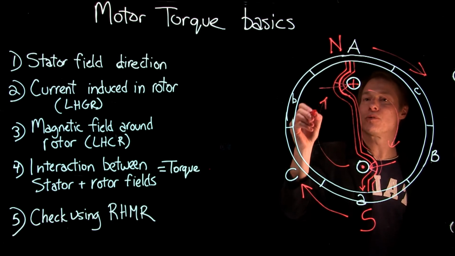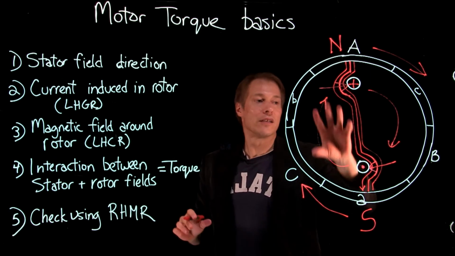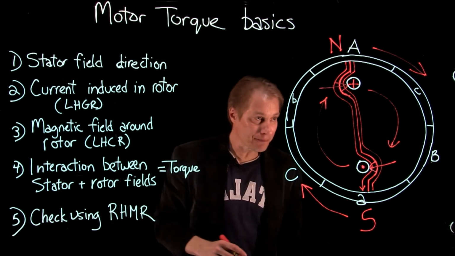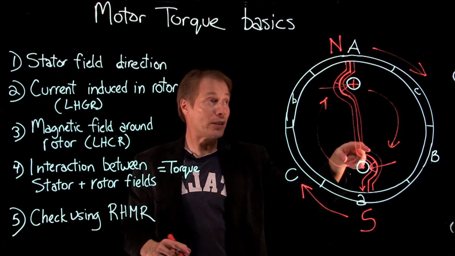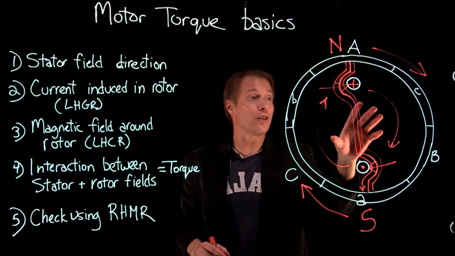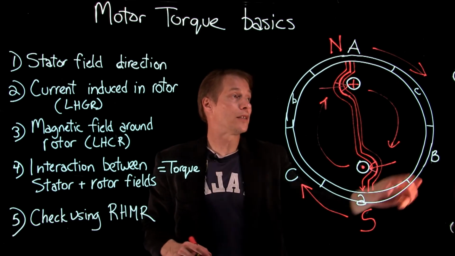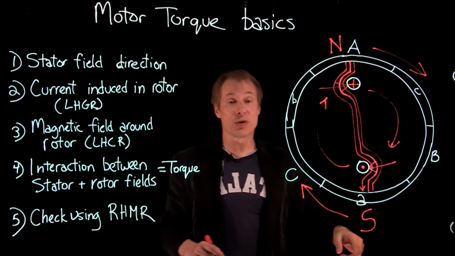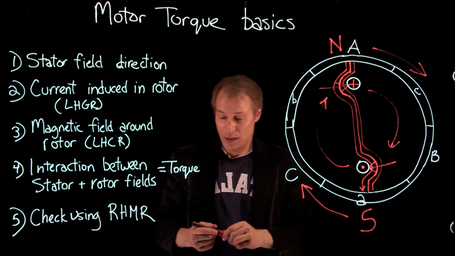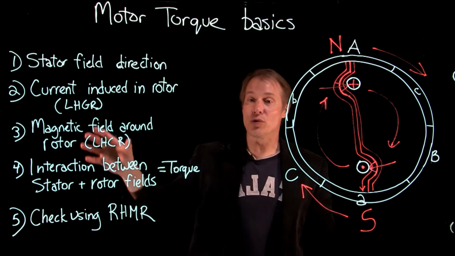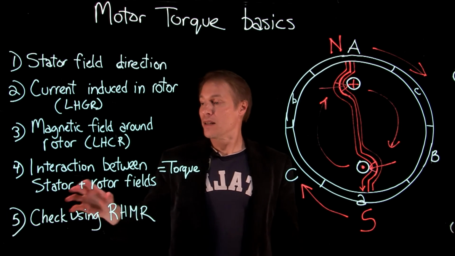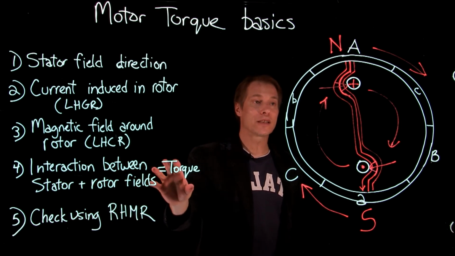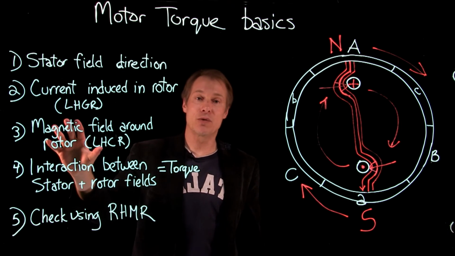Because these rotor conductors are on a rotor that spins around, we have torque going in a clockwise direction. So the torque of the rotor actually follows the same direction as the stator movement. But we need all these rules to really find that out. Now, that's basically the direction of torque using the left-hand rules.